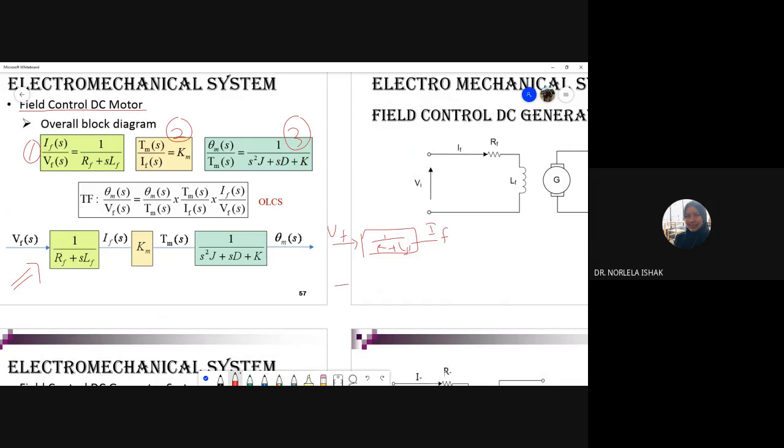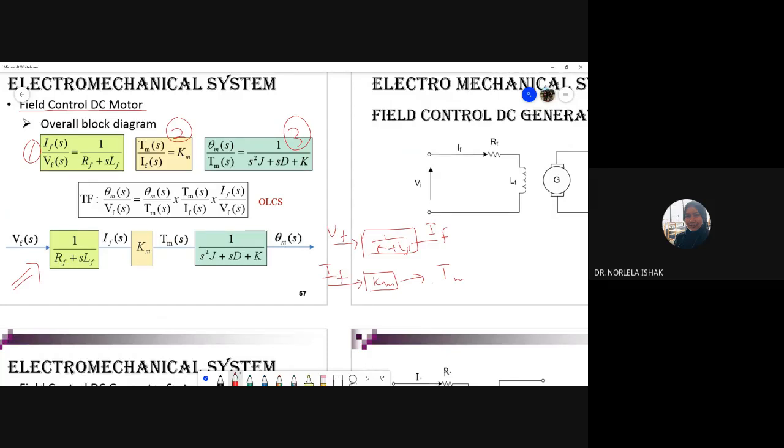The second one is Km, and Tm is the output, with IF here as your input current.